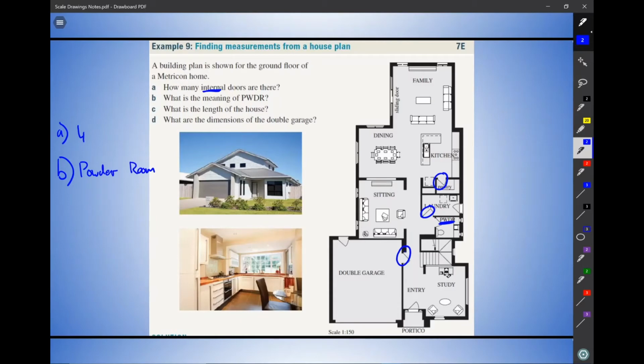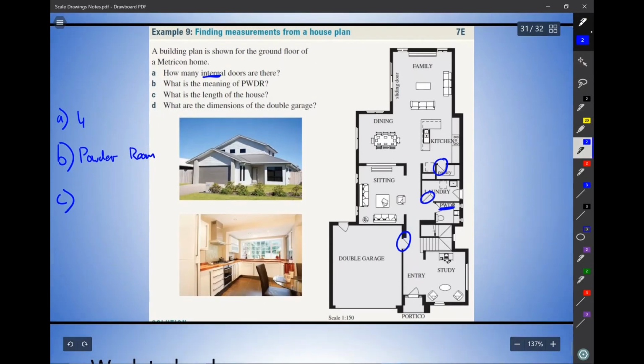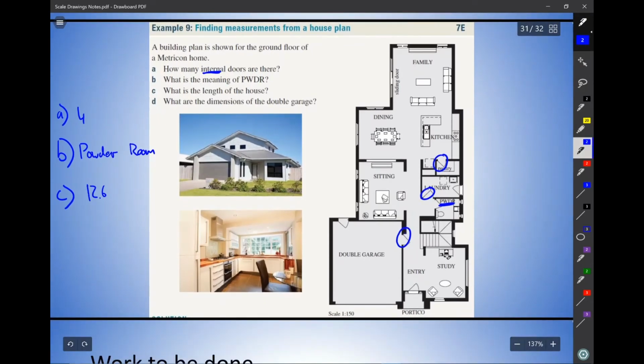Okay, what is the length of the house? This is where you're going to need to get your ruler out. If you're looking at this on your MacBook, we're probably all going to get different answers. But as long as you've measured it, I don't mind if our answers differ a little bit. So when I measure this by putting a ruler on my screen, the drawing is 12.6 centimeters.